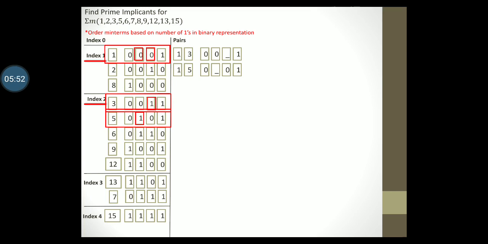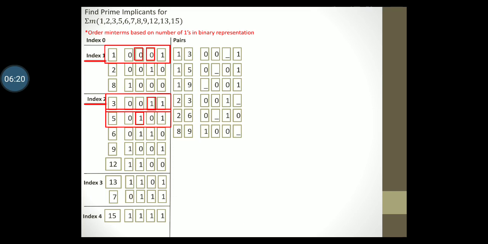Similarly, finding the other pairs from index 1 and index 2, we get 1, 9 represented as dash 0, 0, 1; 2, 3 represented as 0, 0, 1 dash; 2, 6 represented as 0 dash 1, 0; 8, 9 represented as 1, 0, 0 dash; 8, 12 represented as 1 dash 0, 0.